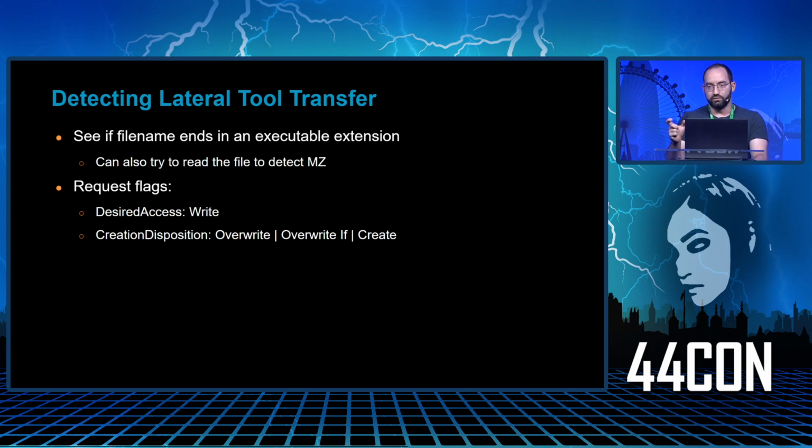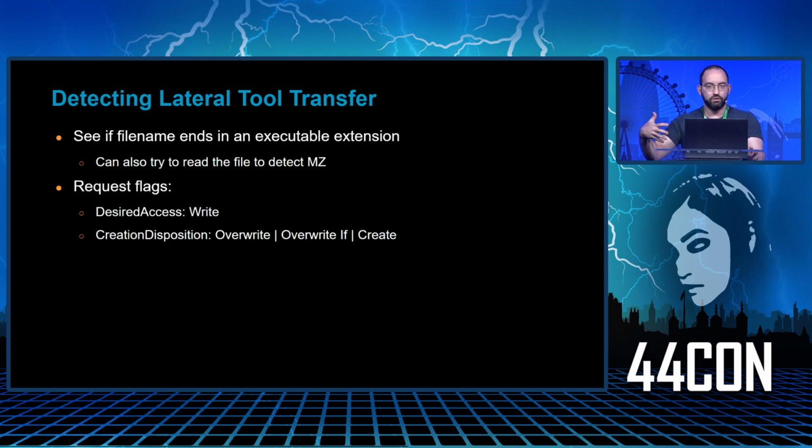And we can also fine-tune it to see if it's an MZ, either by its extension, exe, DLL, SCR, whatever, or if, because we have some time lag, by the time we get the event, it should also have been partially written. So we can try to see if it is opened, open it and see if it starts with the MZ header or P header. So that's how I did that. It's just another example of the power of ETW.